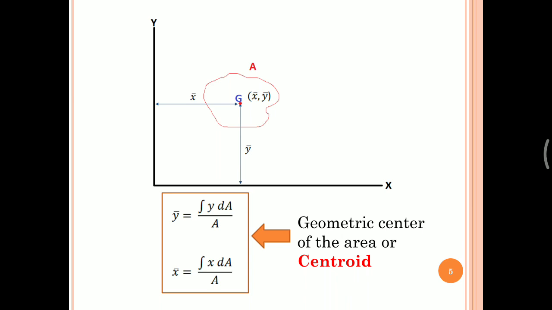So our centroid G can be represented using coordinates x bar, y bar, right? And we have already obtained the equation for y bar as integral y dA by A. Similarly, we can obtain the value of x bar as integral x dA by A.